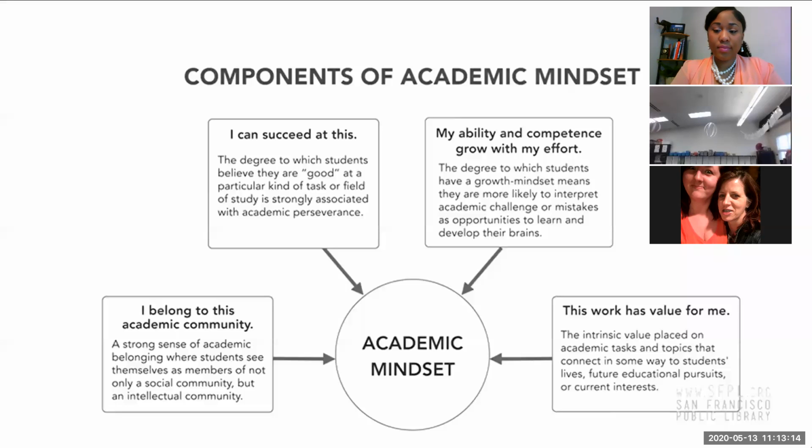We really have to give them the opportunity to have their hands on things and to ask questions about how something goes or doesn't go. My ability and competence grow with my effort, and this work has value to me. So being able to make sure that we help students really understand that their effort is going to move them forward and that they see the value.